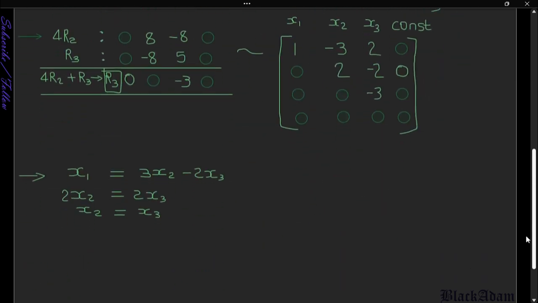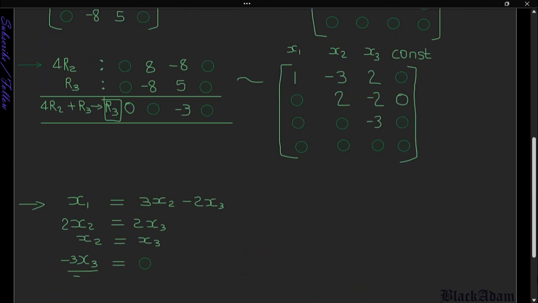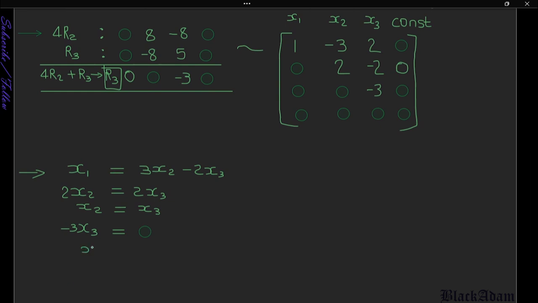Then we have -3x3 equals 0, and dividing by -3 gives us x3 equals 0.